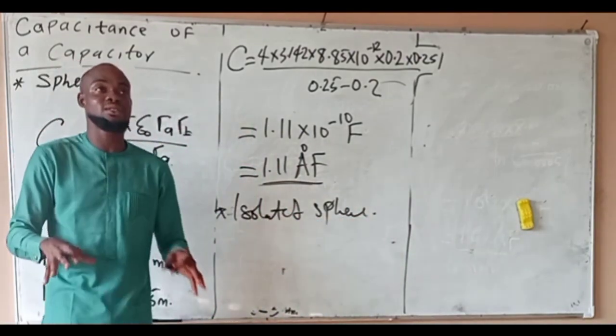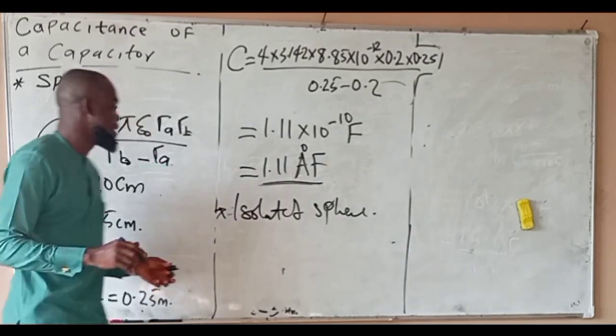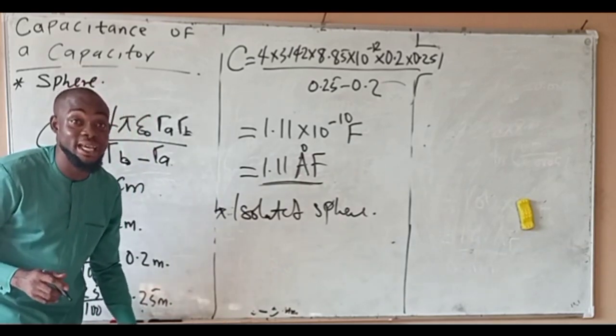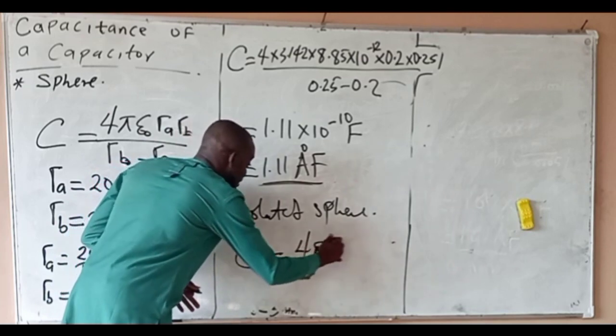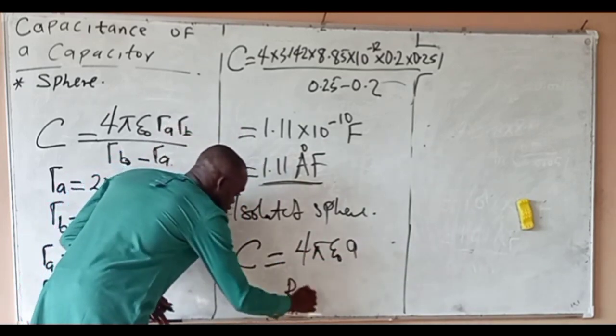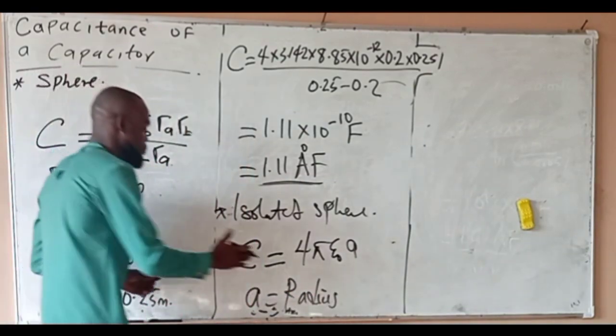The capacitance of an isolated sphere capacitor is defined as C equal to 4 pi epsilon naught A, where A is equal to the radius of the sphere.